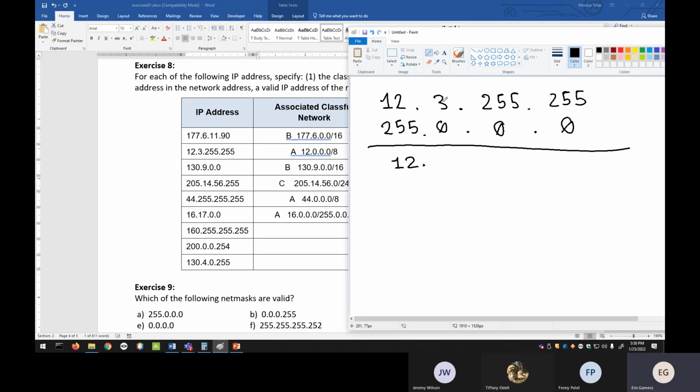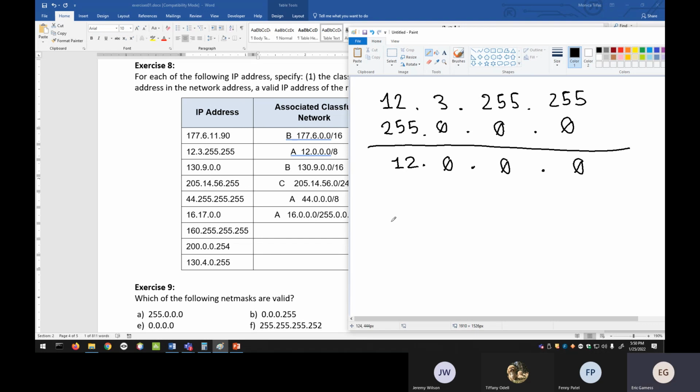When I bitwise AND a byte with 0, what will be the result? 0. Whatever value you have, when I bitwise AND a byte with 0, the result is 0. Look, we find the 12.0.0.0 using bitwise AND.